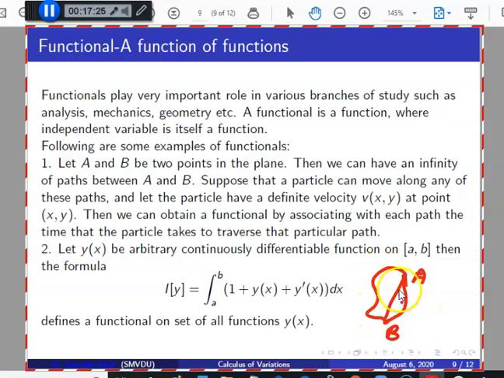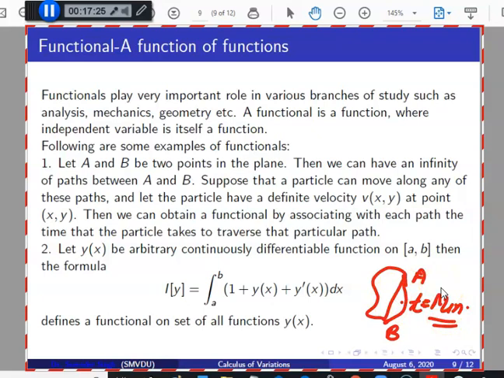But this is not the situation of having the minimum distance as I described earlier, but the situation of obtaining the minimum time. The path along which the time is minimum means you want to find the minimum time.